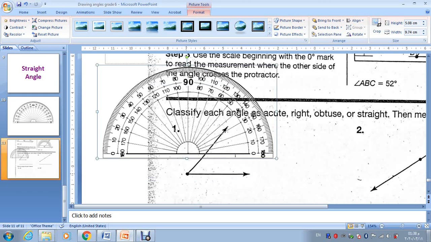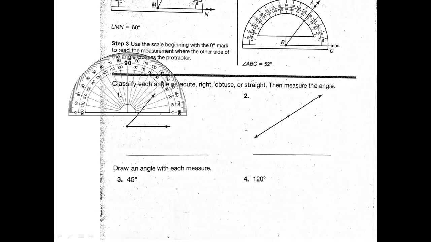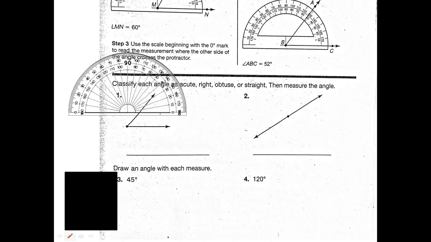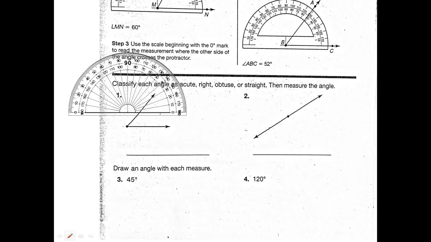Where's the vertex? This dot is the angle's vertex, and we will place this center of the protractor on the angle's vertex, and then we will place this 0 on this side, on the arrowhead.